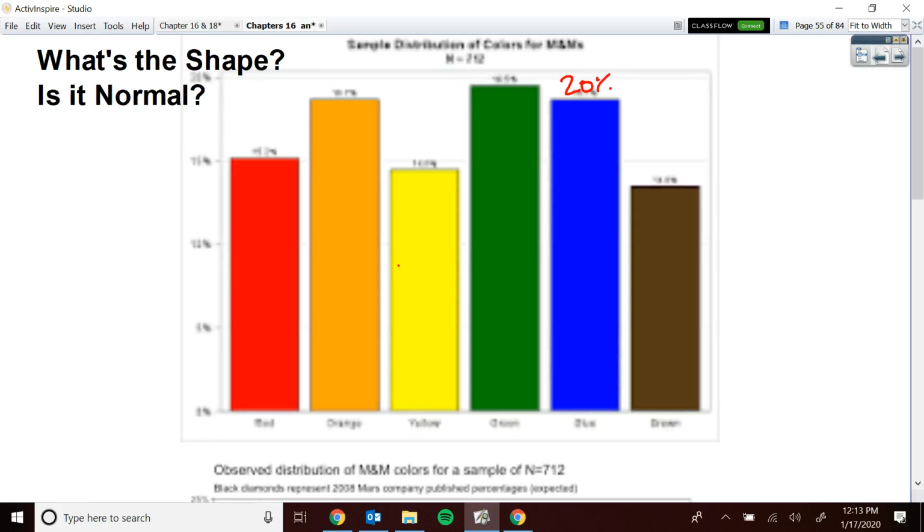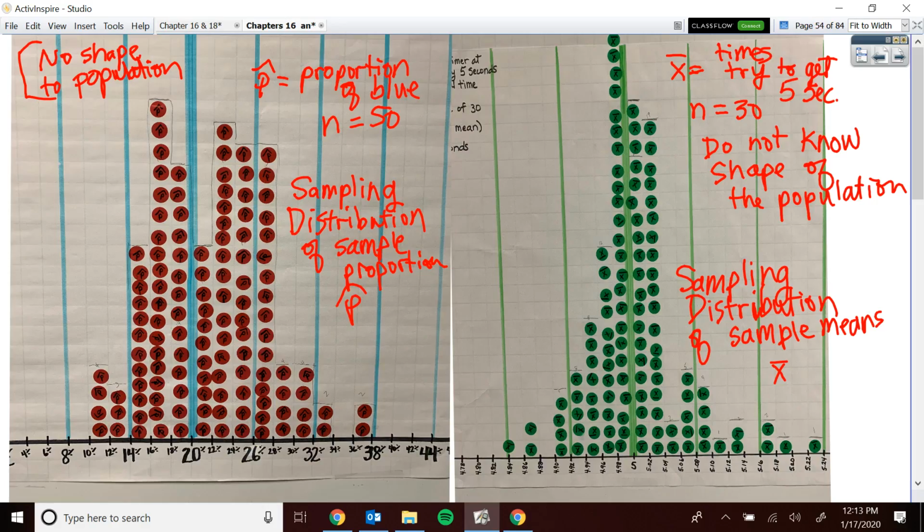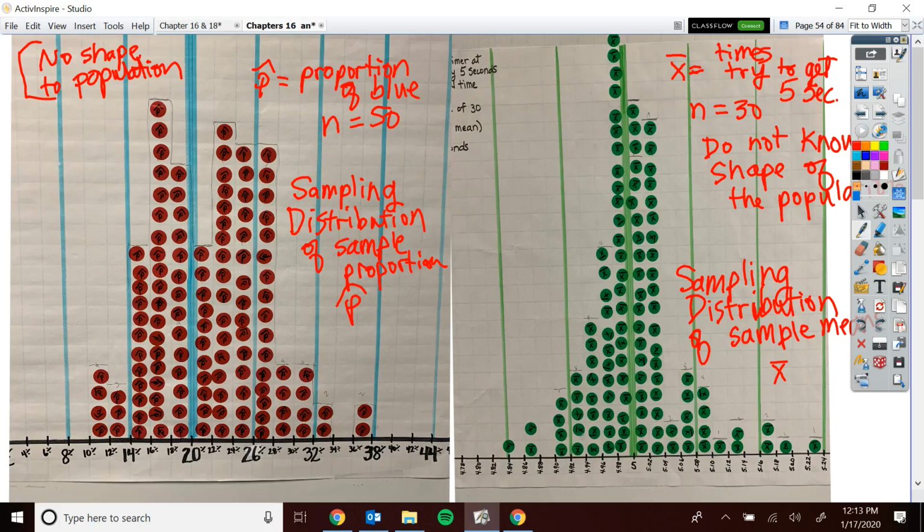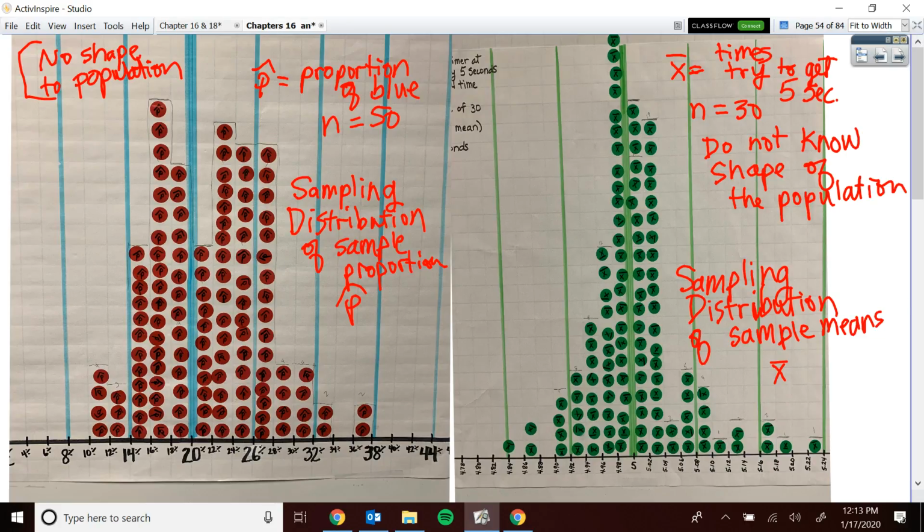What would you say is the shape of this one on the left? Unimodal and somewhat symmetric. Okay, it's not perfect, but somewhat symmetric. Okay, so shape, unimodal, somewhat symmetric.